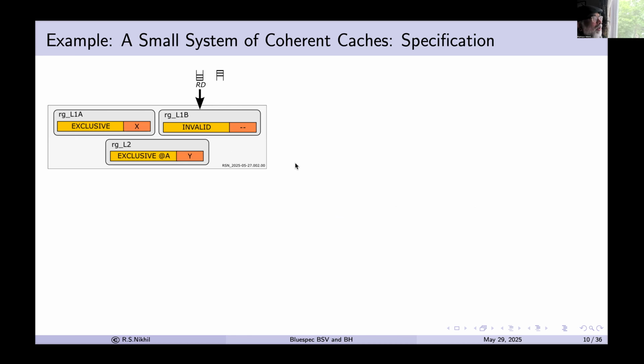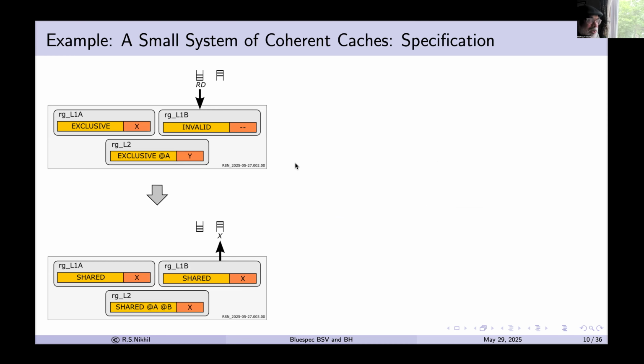Well, here's a one-shot transition that explains what I want to do, which is to downgrade the exclusive L1A to a shared state, update the L2 to the new value X so that it also knows that it's in the shared state, and update L1B now to the shared state with X. And now that I have it available in L1B, I can respond with that X to the CPU request. So that's the state transition at a very high level that we would like to bring about.